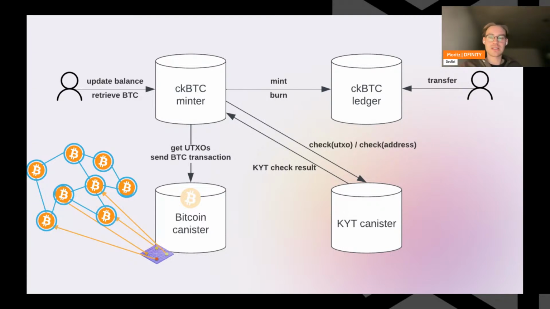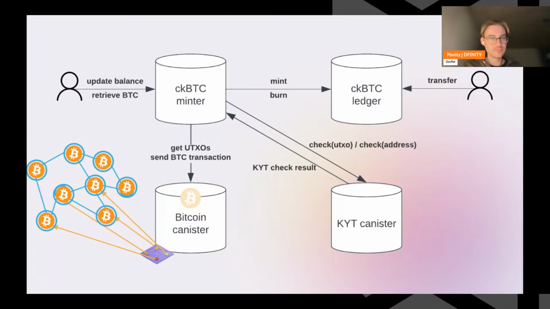So yeah, ckBTC, as I mentioned all the way at the beginning, is a synthetic twin token on the Internet Computer that has a much stronger underlying trust model than existing wrapped or bridged Bitcoin versions because of its decentralized architecture that was designed to build on top of chain fusion instead of building on top of centralized bridges.